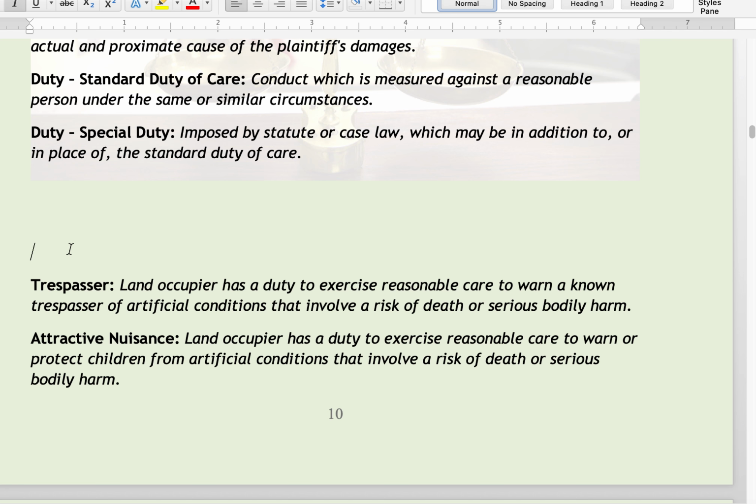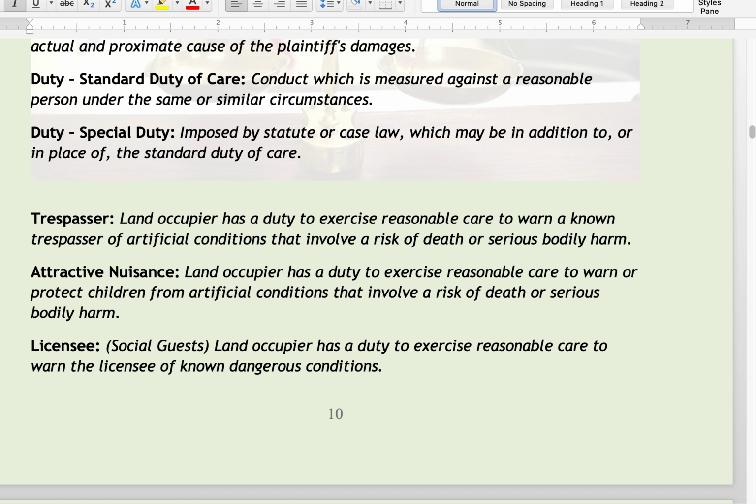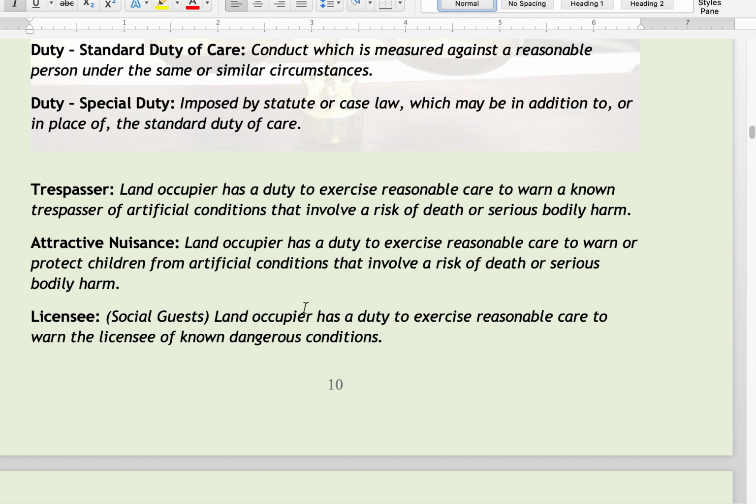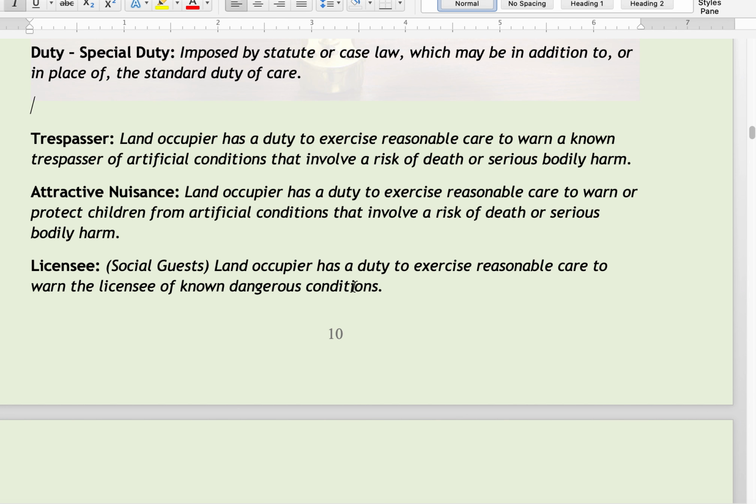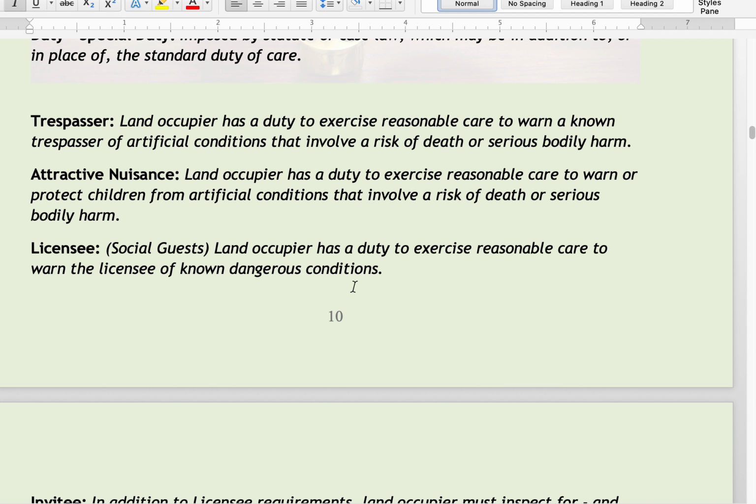Trespasser. Land occupier has a duty to exercise reasonable care to warn a known trespasser of artificial conditions that involve risk of death or serious bodily harm. Attractive nuisance. Land occupier has a duty to exercise reasonable care to warn and protect children from artificial conditions that involve risk of death or serious bodily harm.